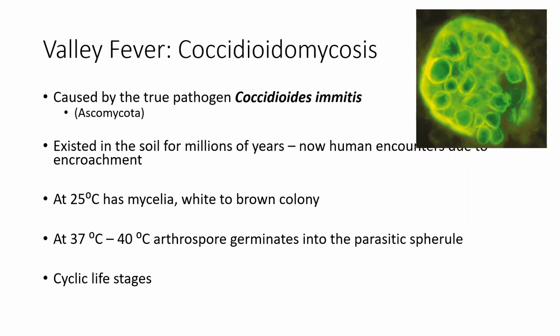But at 37 to 40 degrees Celsius, right, so 98.6 to 104 Fahrenheit, they have these things called arthrospores, and those will germinate into a parasitic spherule. And it has different cyclic life cycles, so it can have different forms based on basically different seasons. But we're not going to focus too much on that for this course.